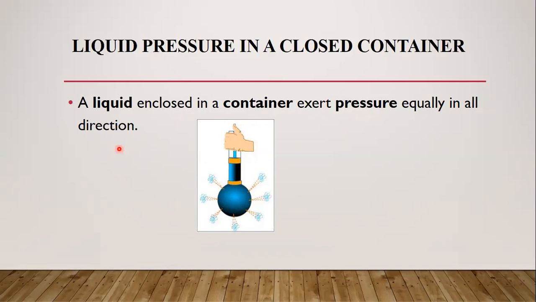And what we have observed, that the water coming from the 3 holes falls at different distances. Means that the water which is ejecting from the holes will not have the same pressure. Then what we are saying here, liquid enclosed in a container exerts pressure equally in all directions.